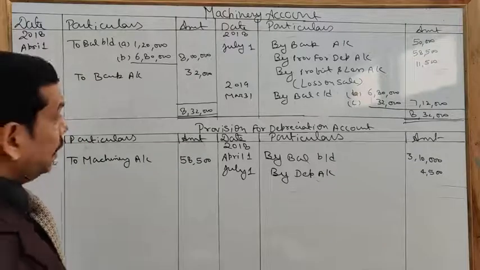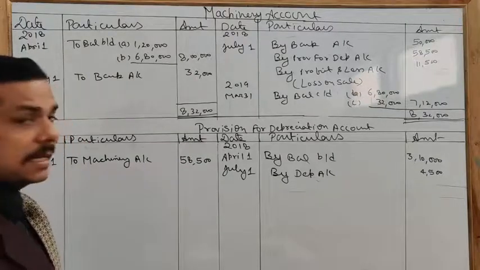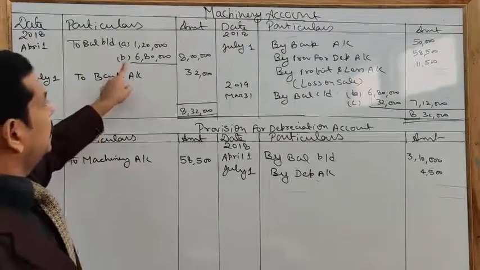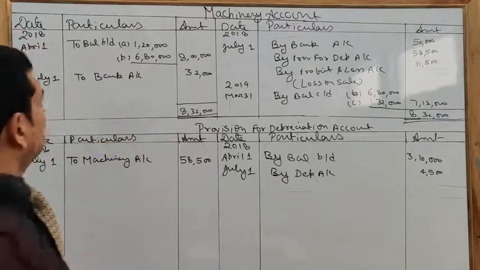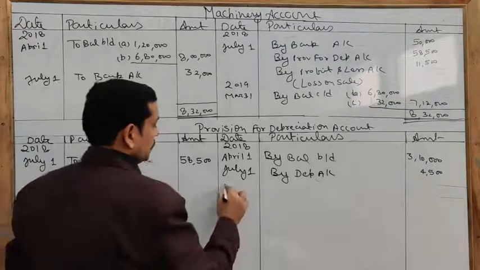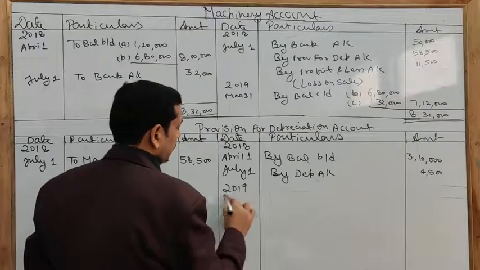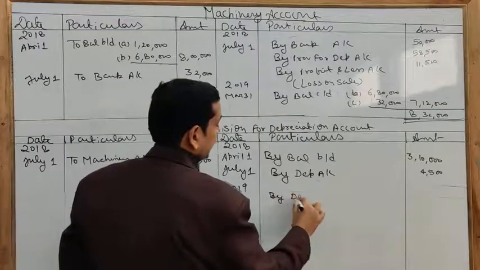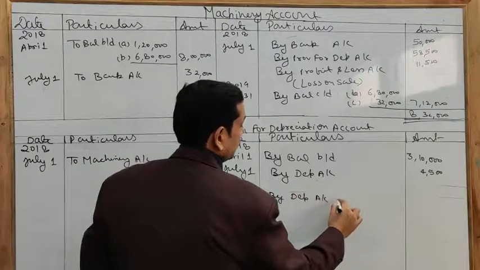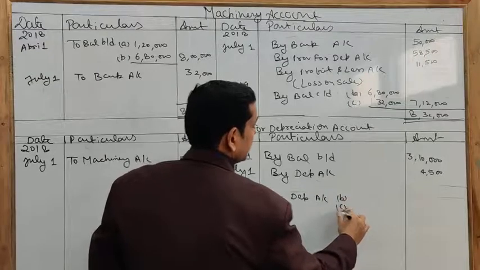Clear? Now we will charge depreciation at year end for the rest of the two machines. First remaining is B and the new purchase C machine. So 2019 March 31st, by Depreciation account, B machine and C machine.